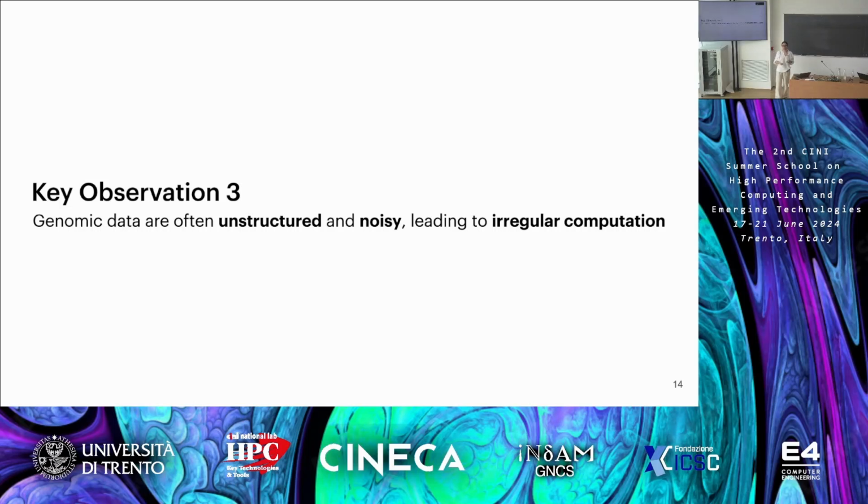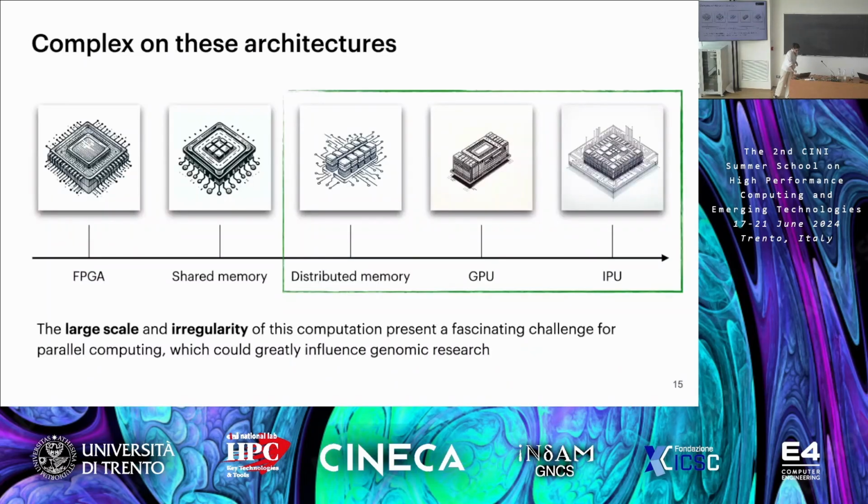Sometimes I talk to people who have scientific problems that are extremely interesting from a scientific point of view, but from a parallel computing perspective are somewhat trivial. It's embarrassingly parallel, and I would like to help, but intellectually speaking, from a parallel computing perspective, it's not that interesting.